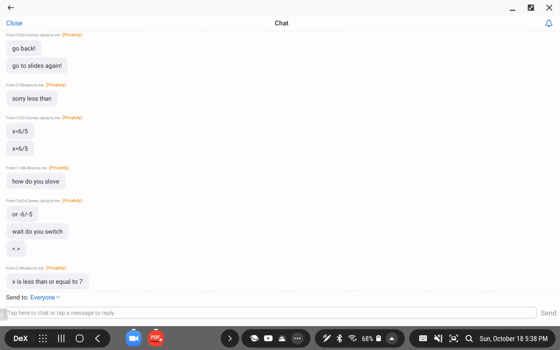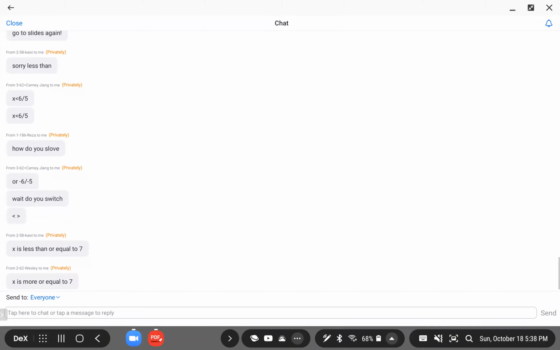And Kai says x is less than or equal to 7. And Wesley says x is more than or equal to 7. Okay? One of you might have to check your answer because your answers are the exact opposite.